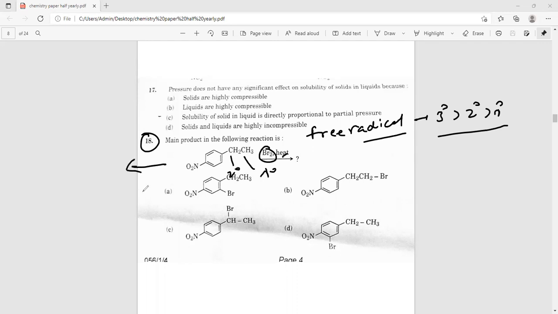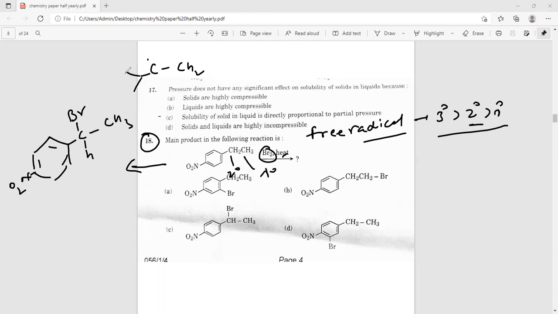So always secondary hydrogen is displaced because of stability, in presence of free radical. This is a benzene ring, a nitro group is there. On here, hydrogen is replaced from the secondary carbon. Why? Because secondary free radical is more stable as compared to primary, right? Then the answer is C.